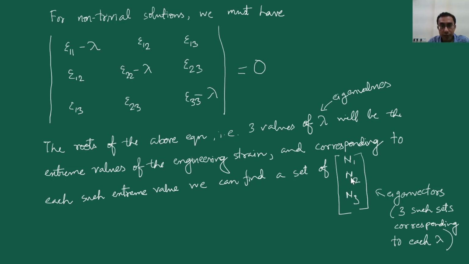Because in the derivation we had to put in some work to ensure that the constraint 1 minus nkk was ensured, they will be set up in such a fashion that they will be unit vectors. So n1 square plus n2 square plus n3 square should be equal to 1.